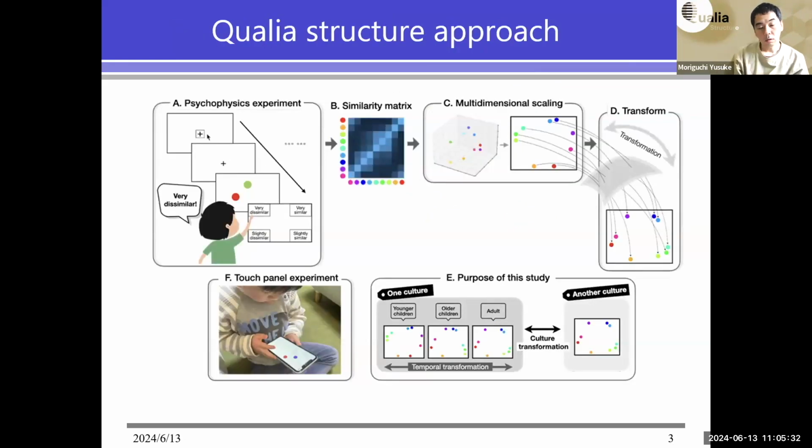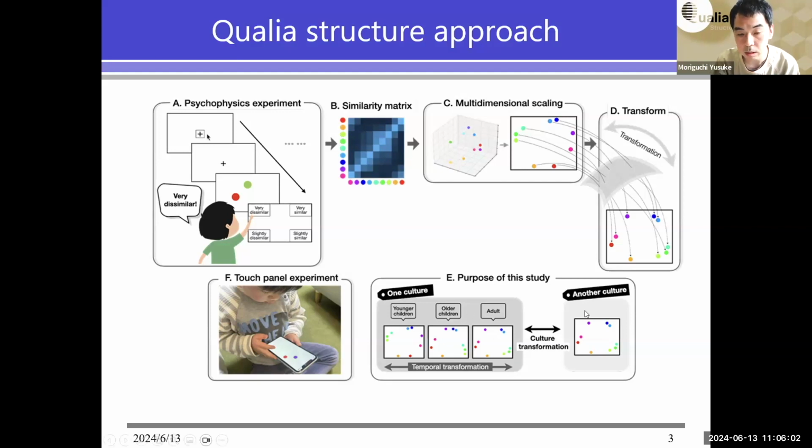I don't have to explain the details of the Qstr structure approach here, but briefly, we conducted a psychophysics experiment. Then we created a similarity matrix based on the experimental results, and we visualized the result using MDS as a method. And we transform or align the results across different age groups.